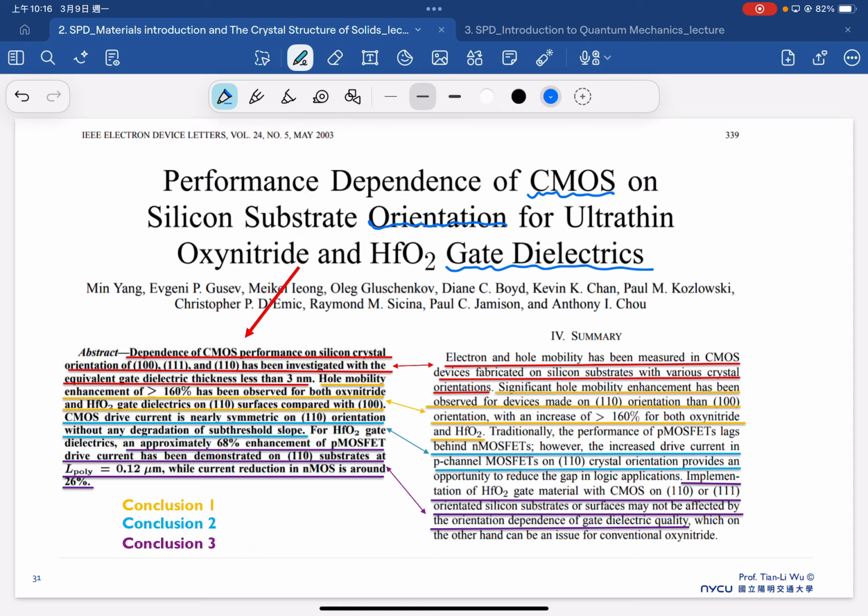So the first sentence of the abstract can be considered a general structure. The first sentence of the abstract is typically a rephrase of our title. So still the same keywords exist: CMOS, orientation, dielectric, right? If you read the detail of this abstract, it has exactly the same meaning as the title.